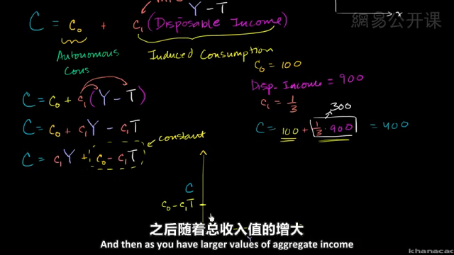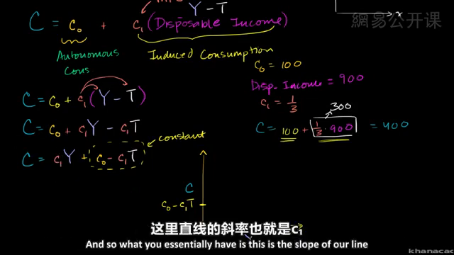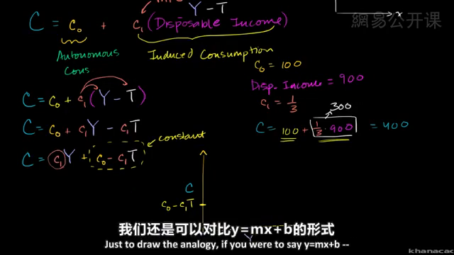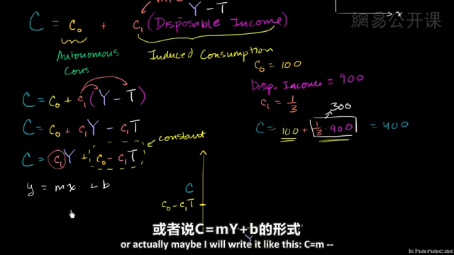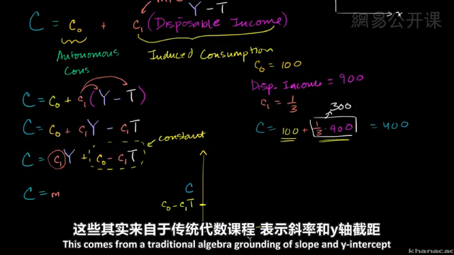And then as you have larger values of aggregate income, C1, that fraction of it, is what's going to contribute to the induced consumption. And so this right over here is our slope. Just to draw the analogy, if you were to write C is equal to m, and I don't want to confuse you if this m and b seem completely foreign, this is where it comes from, a traditional algebra grounding in slope and y-intercept.